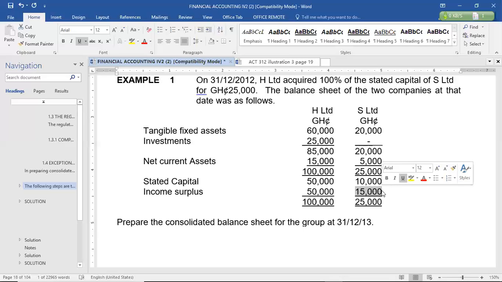And so if I have on this balance sheet that the stated capital of H is 50,000, the income surplus of H is 50,000, and so H's equity is 100,000, without seeing the other side of the balance sheet, I can close my eyes and tell you that the net assets of H is equal to 100,000.